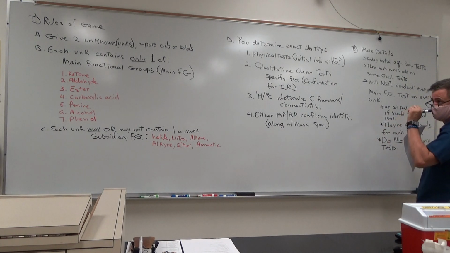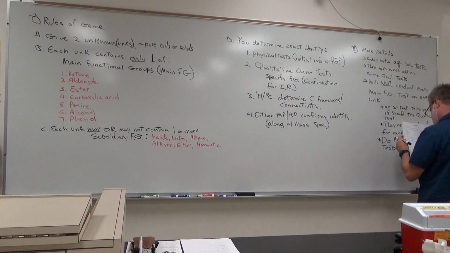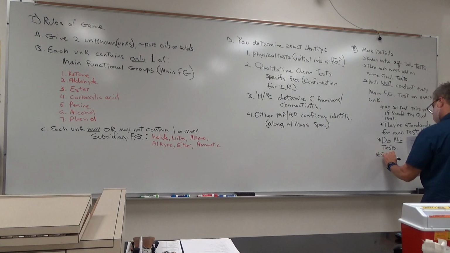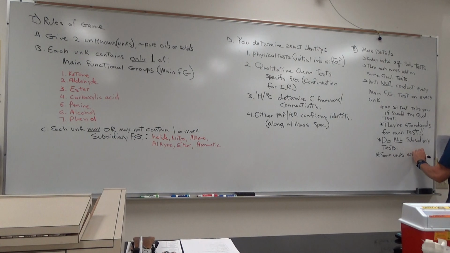Even if your unknown has one of those seven functional groups, it could also have a subsidiary functional group, or multiple subsidiary functional groups. Some unknowns are stinkers.